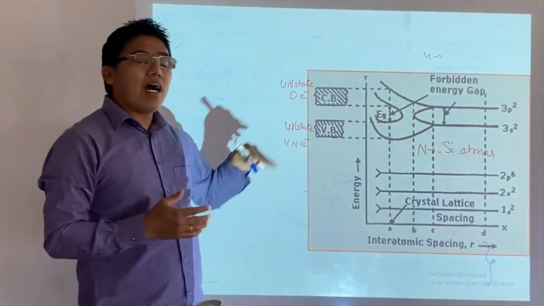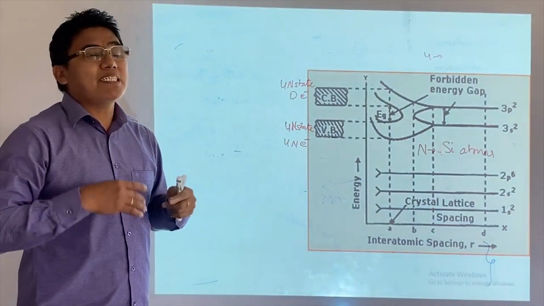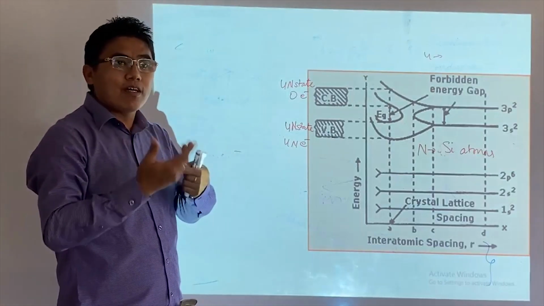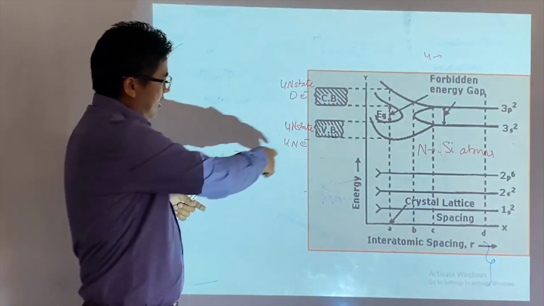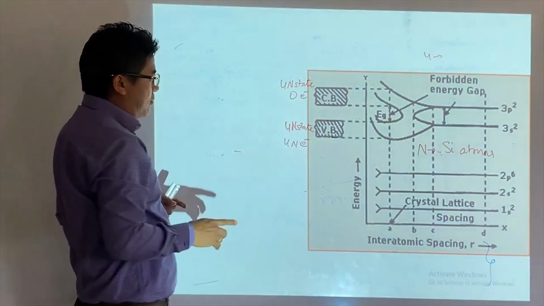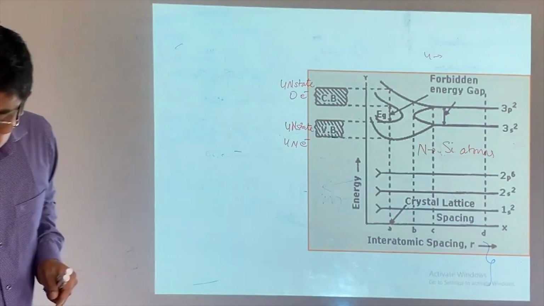The electrons in the valence band don't participate in the flow of current. So this is what we have: valence band and conduction band.